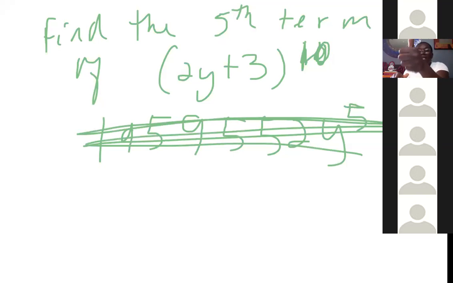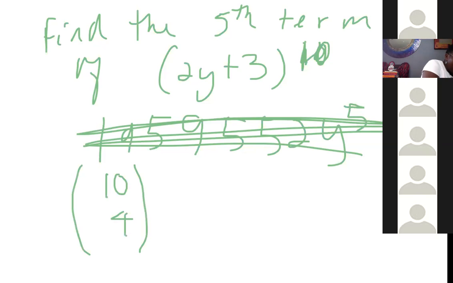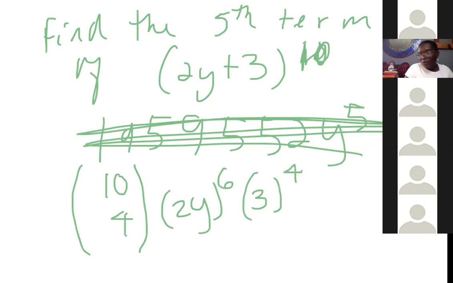Okay, so 10, 9, 8, 7, 6. So that's 5 terms right there, but the power is 6 on the first term. So when you write it out, it's going to be 10, and you're going to have to choose 4, and the power on the y is going to be 6, and then the power on the 3 is going to have to be 4, because you want it to add up to 10.